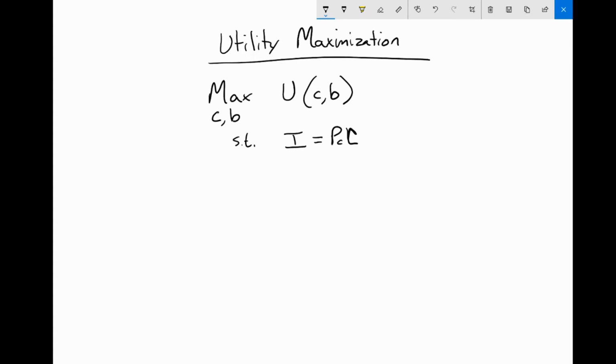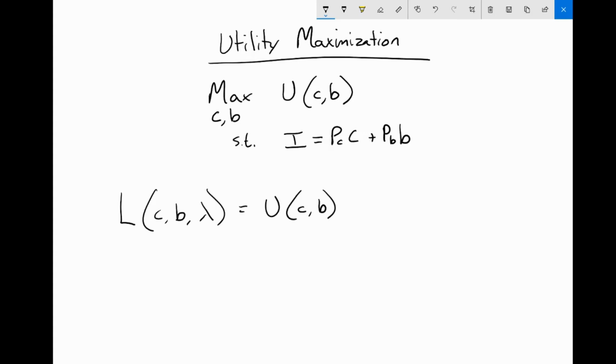They cannot buy more coffee and bagels than they're able to afford. So, subject to a constraint. Well, how do we do this? If you remember, let's do this generally first: we set up the Lagrangian, or the Lagrange function, which has our utility function plus the Lagrange multiplier times the budget constraint. Then we go through our steps.